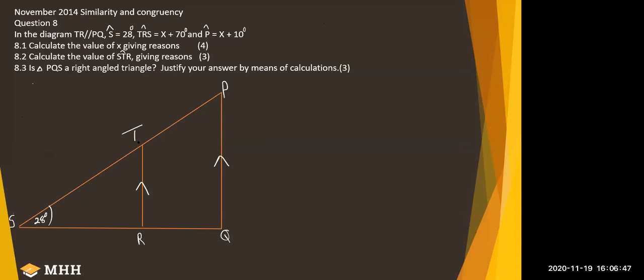Angle TRS is equal to x plus 70, and it says angle P is equal to x plus 10 degrees. Calculate the value of x.